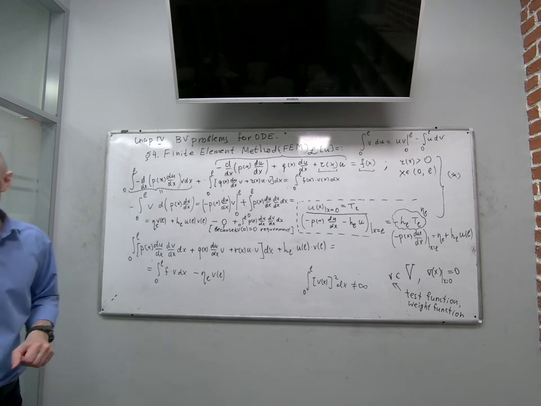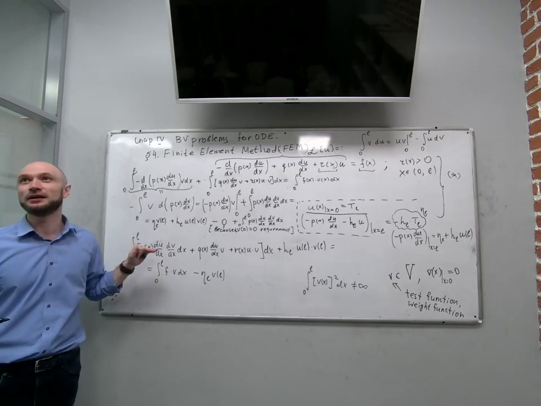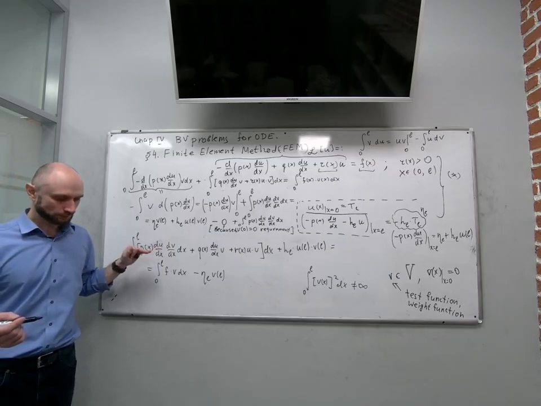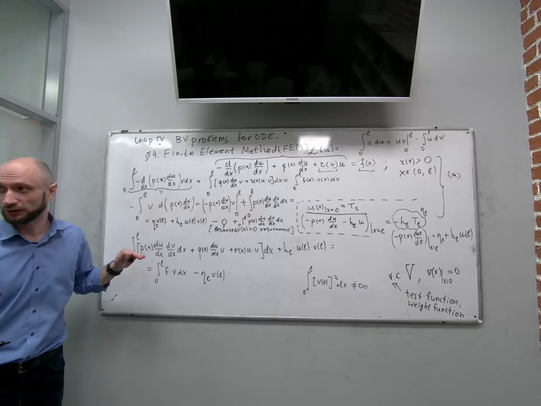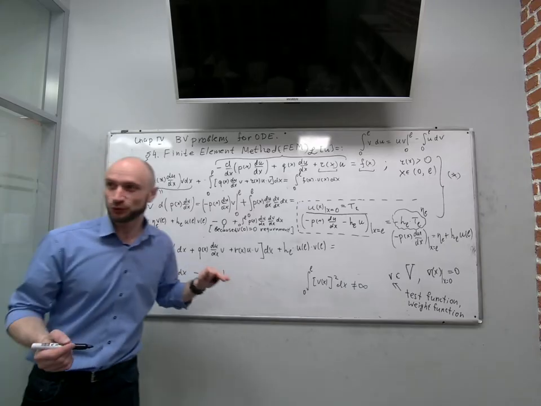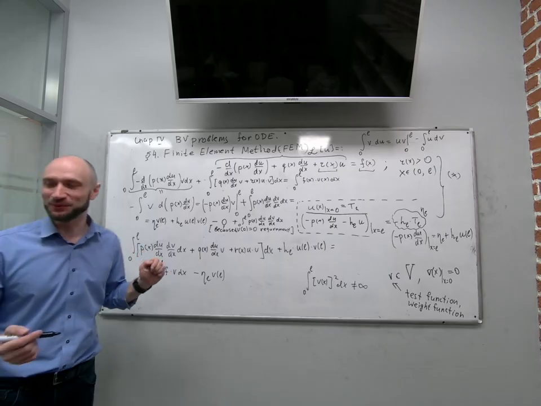Strictly speaking, these derivatives are not classical derivatives. These are generalized derivatives, so to say. In Russian these are generalized derivatives in the sense of the Sobolev space. So I said it, but I don't want to explain what it means.